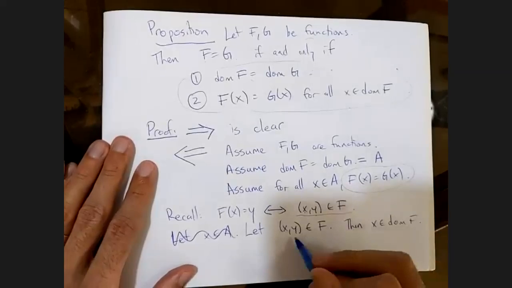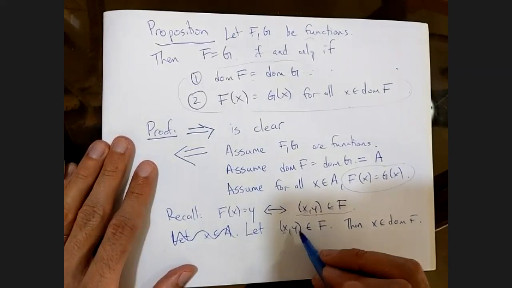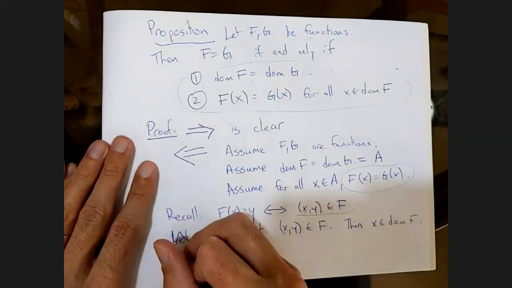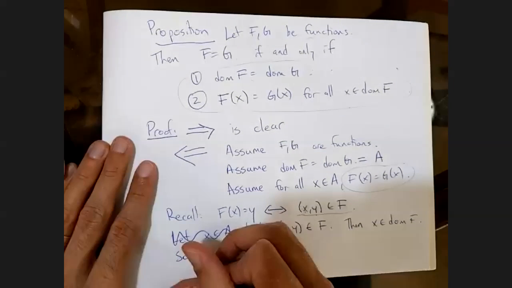Because the domain of F is just the set of all things which occur as the first coordinate of something in F. Okay, so x is in the domain of F. Okay, that means that by the definition of f of x, f of x equals y.